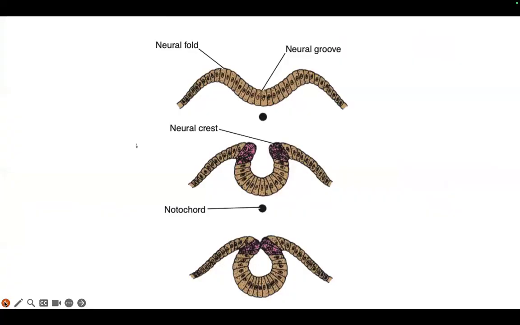I'm going to begin with this image about the embryology of the nervous system, wherein we have very important structures like the neural fold, the neural groove, and the neural crest. I'm showing you this image because I want you to put in your heads this phrase, the neural crest. Why?